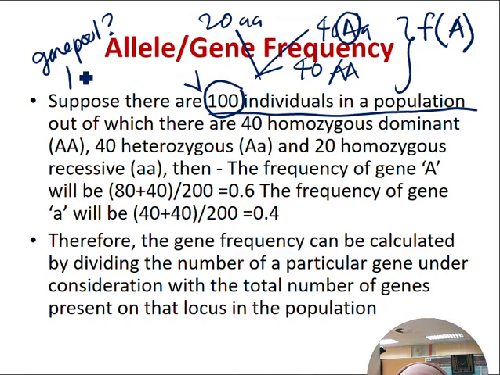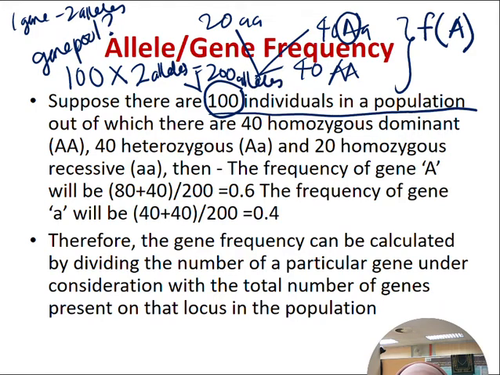We assume each person has 2 alleles for that certain gene. We are not looking at all genes, just one trait, so one gene has 2 alleles. So we multiply by 2, and the population has 200 alleles. Hence this 200 here. Now we know the gene pool has 200 alleles.